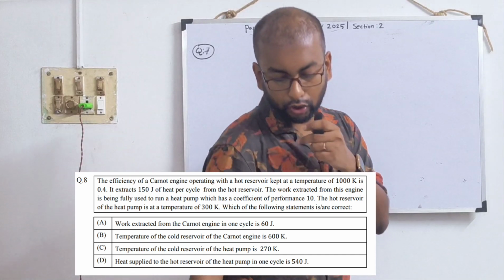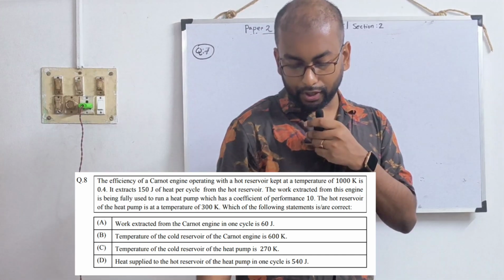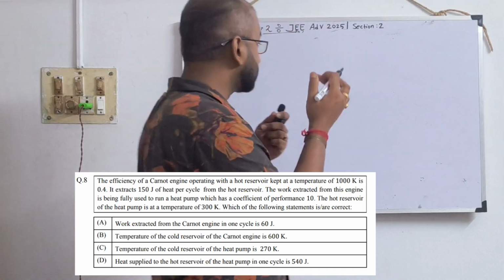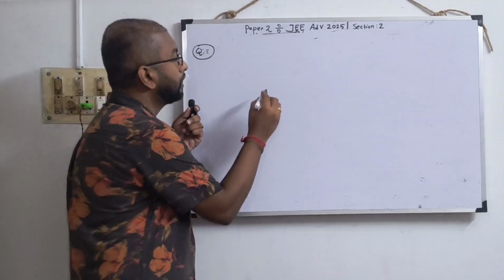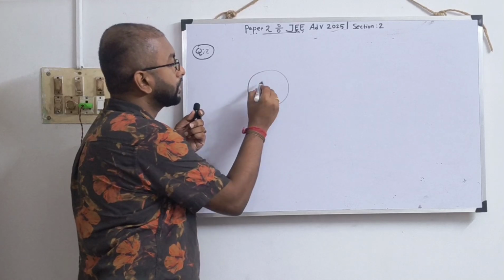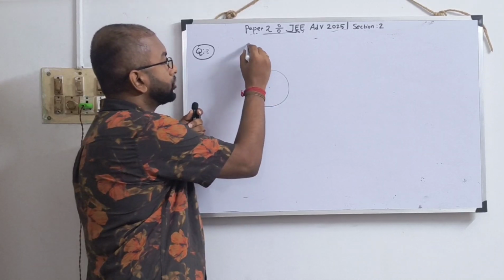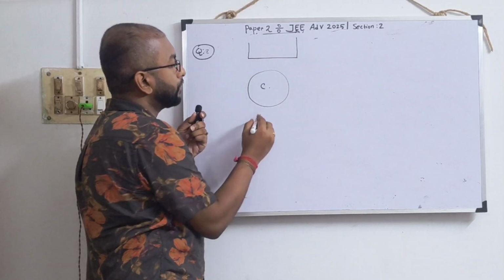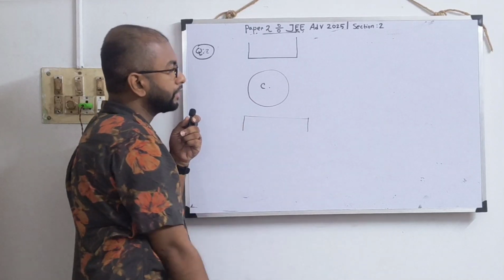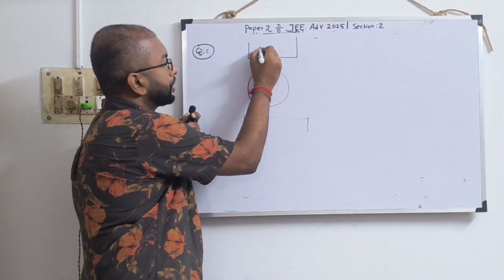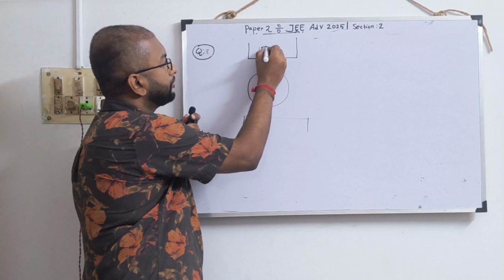So let us draw the Carnot engine cycle that is operating between two temperatures. Question number 8: this is one Carnot engine cycle. So there must be two temperatures. One is the hot reservoir, another is the cold reservoir, that is the sink. The temperature of the hot reservoir is given as 1000 Kelvin.